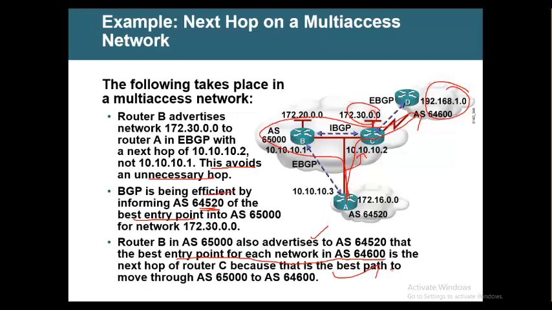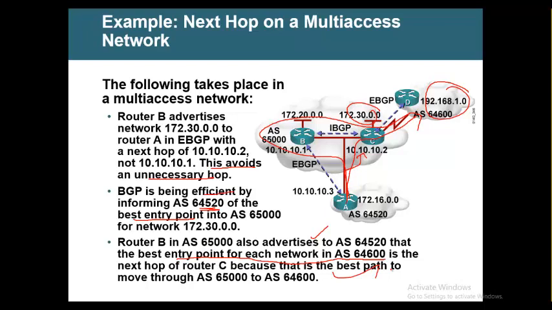Question? Any question? See, actually, they are showing what is default. Who is advertising 172.30.0.0 to router A?